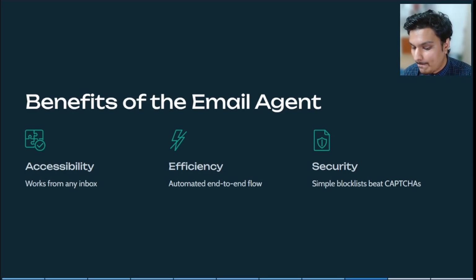There are no servers involved, since it all runs through a Lambda function, a serverless Lambda to be exact. And Amazon takes care of the scaling problem. The security, as we discussed before, is just a simple block list. It beats CAPTCHA.